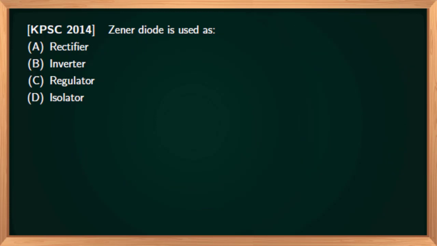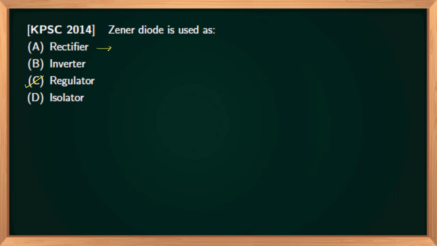Next question. Zener diode is used as option A, rectifier; B, inverter; C, regulator; D, isolator. The primary application of Zener diode is as a voltage regulator. So to get a fixed DC voltage, we will use a regulator circuit. Ordinary diodes are used as rectifiers.